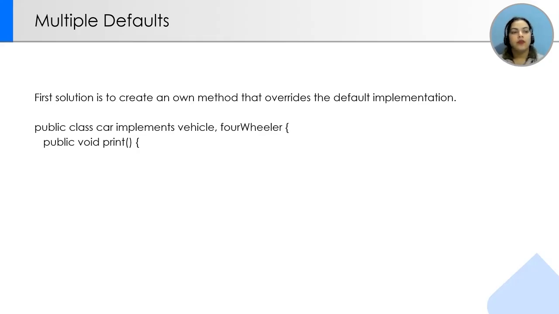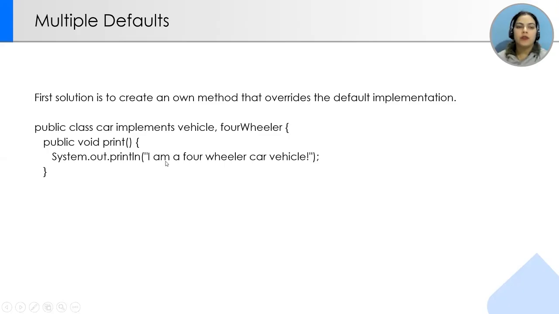The first solution is that when we have multiple defaults, the class can create its own method that will override the default implementation. Okay, so the class will contain its own method. So when class car implements both the vehicle and four-wheeler interfaces and has its own void print method, it will give its own definition.